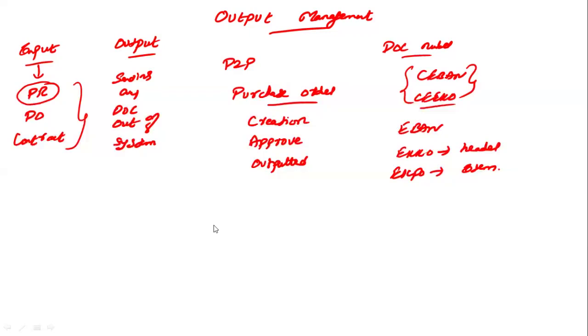We know why we are going to send the output, from where we are going to send it, from where the data is fetched, and how the document number is generated.